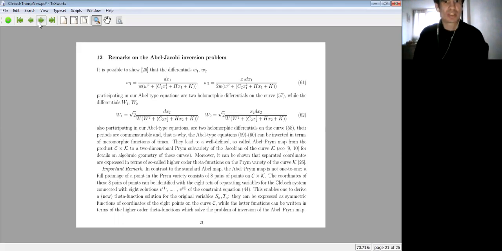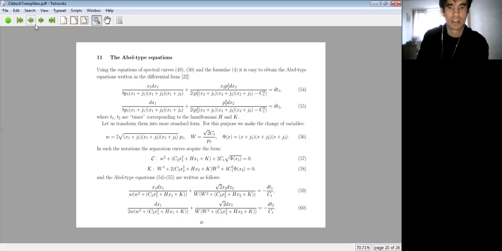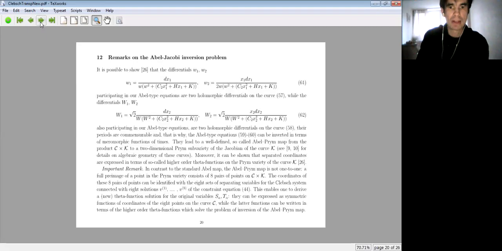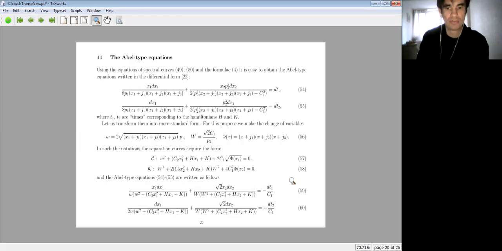We observe that the differentials W1, W2 of the form 61 participating in our Abel type equations are two holomorphic differentials on the curve 57, while the differentials W1, W2 large are holomorphic differentials on the curve 58.